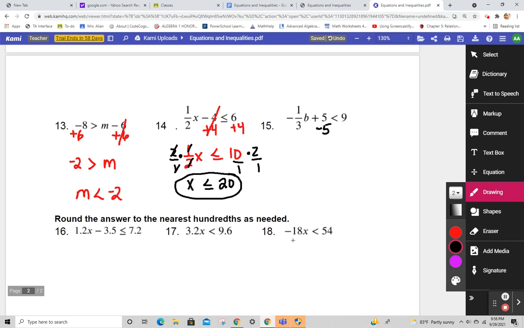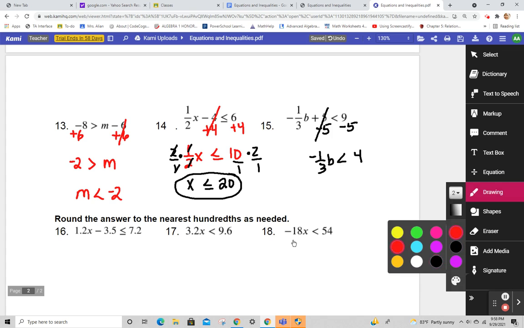Subtract 5 from both sides. We'll have negative 1/3 B is less than, well, 9 minus 5 is 4. To solve for B, we're going to have to multiply both sides by the reciprocal, negative 3 over 1.